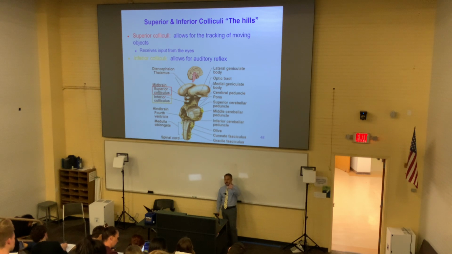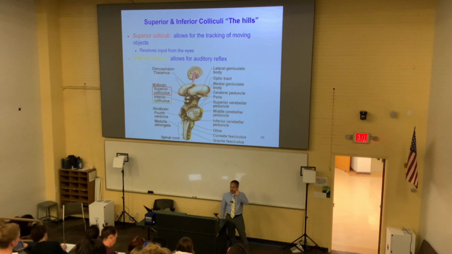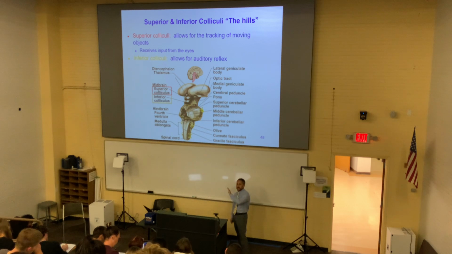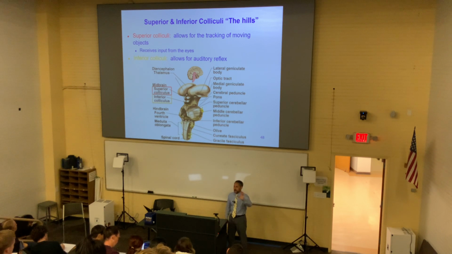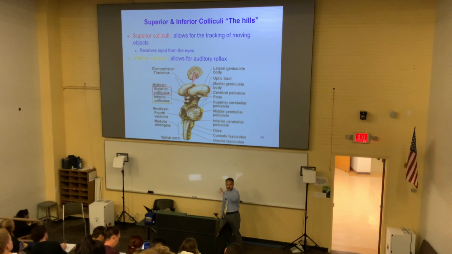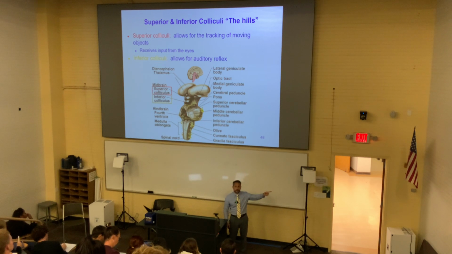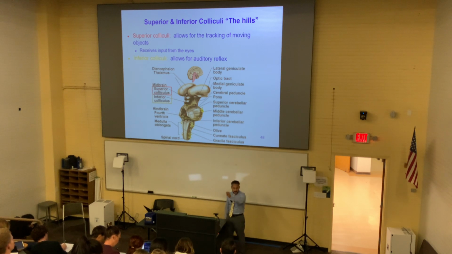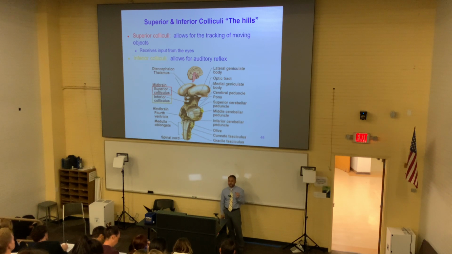Well, the superior colliculi are what help you with the tracking of movement of objects. Like a friend is skating across campus or riding a bike across campus, and you're tracking and saying, oh, I see, that's Joe. And so you're able to track because of these structures in the brain.